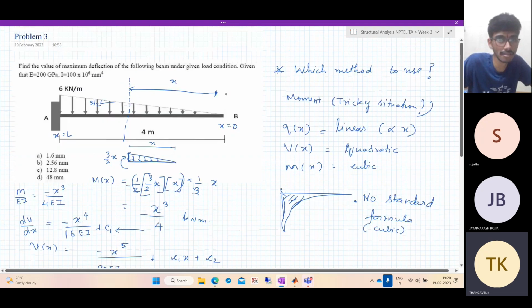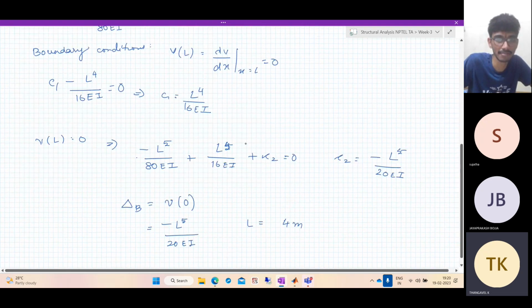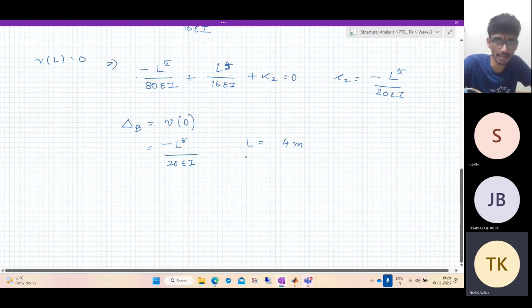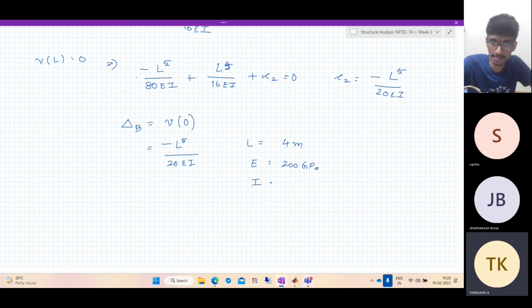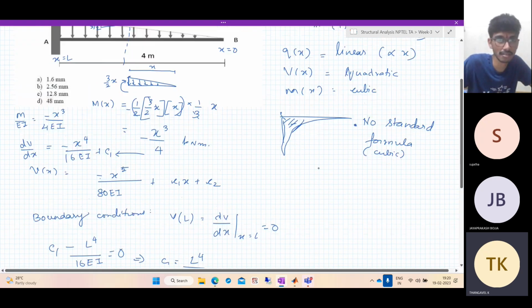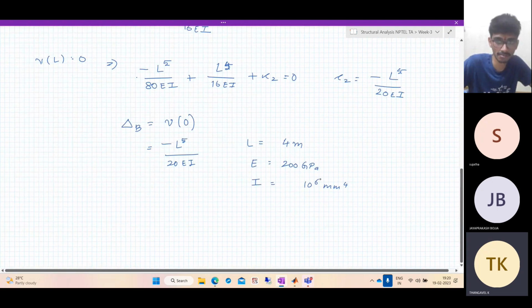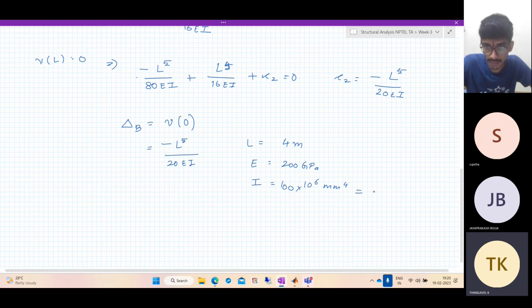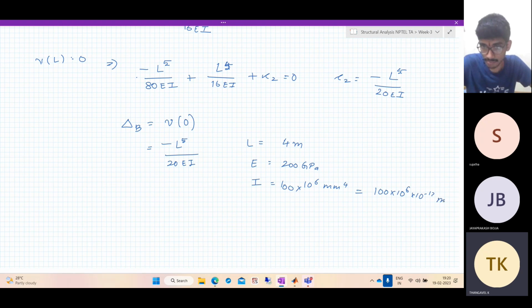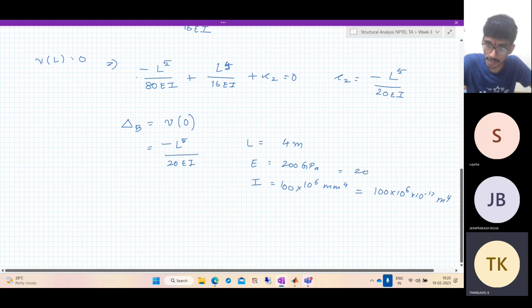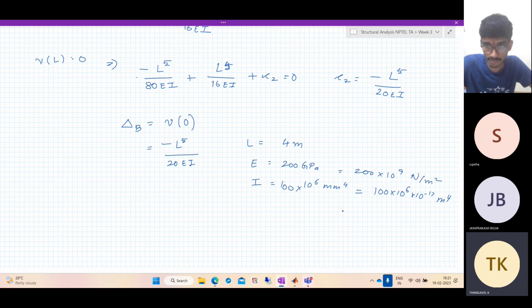And EI, so E is 200 GPa and I is something into 10 power 6 mm power 4, which is 100 into 10 power 6 into 10 power minus 12 meters power 4. And E is 200 into 10 power 9 Newton per meter square.